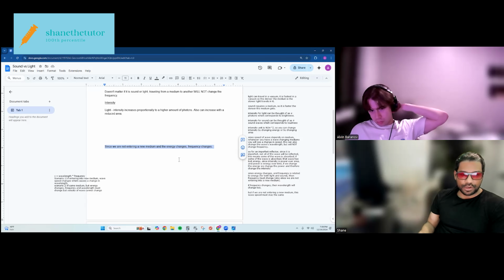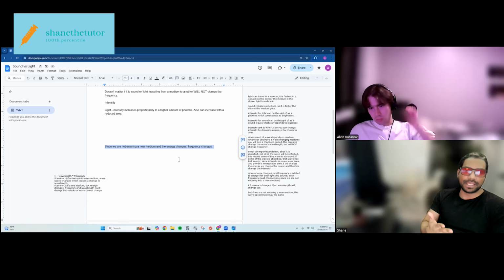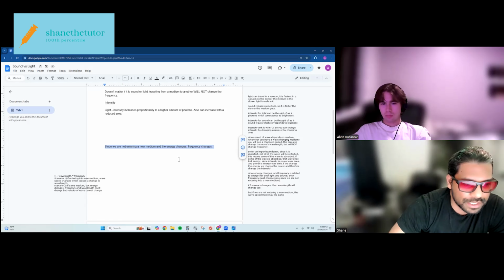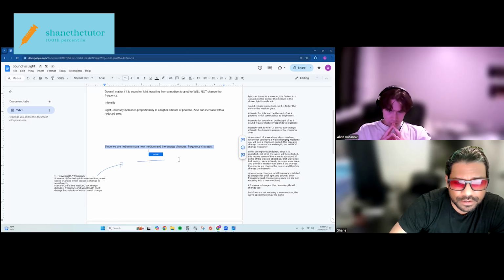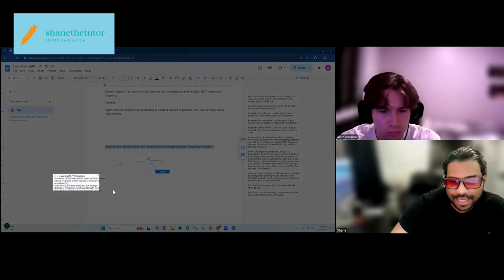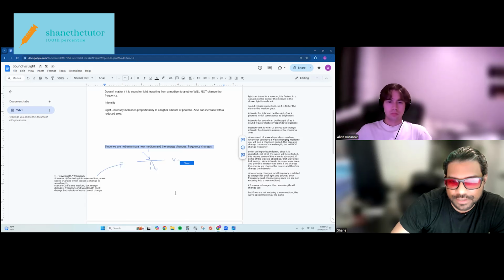Now, that's scenario one. Scenario two, if you have the same medium but energy changes, that means frequency and wavelength must change. But since you're in the same medium, and the velocity of a wave depends on the medium, the velocity of the wave cannot change. So, in other words, scenario one, going from one medium to the next, means that v is equal to frequency times wavelength.